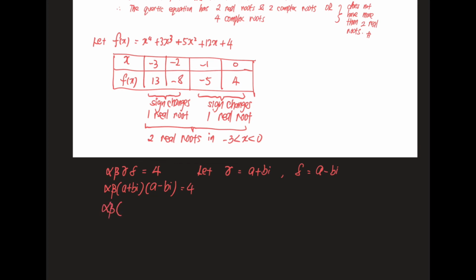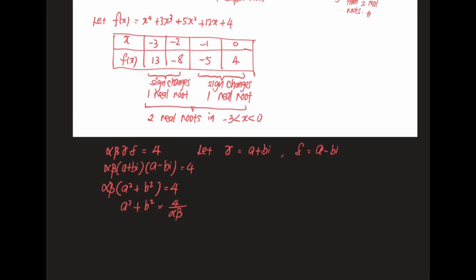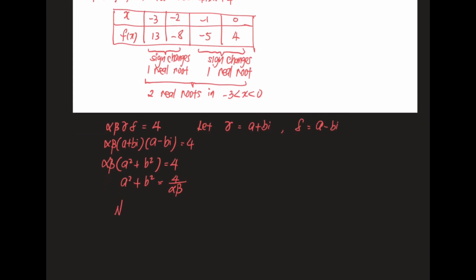Multiplying the complex conjugates, I will get alpha beta times (a squared plus b squared) equals 4. Then if I rearrange this, a squared plus b squared equals 4 over alpha beta, and after that I square root, I will get 2 over square root of alpha beta.